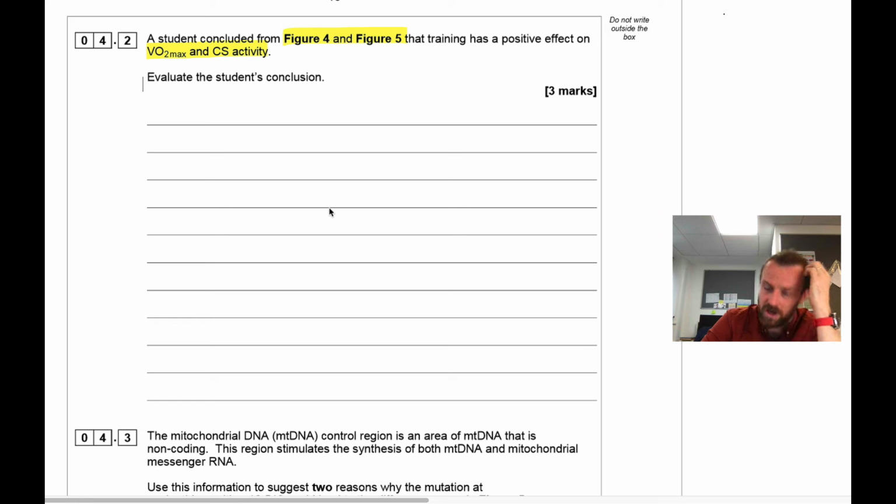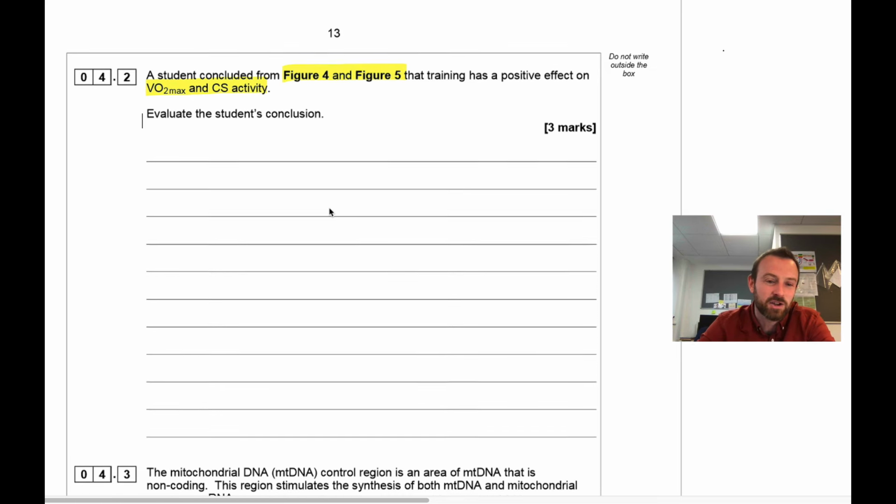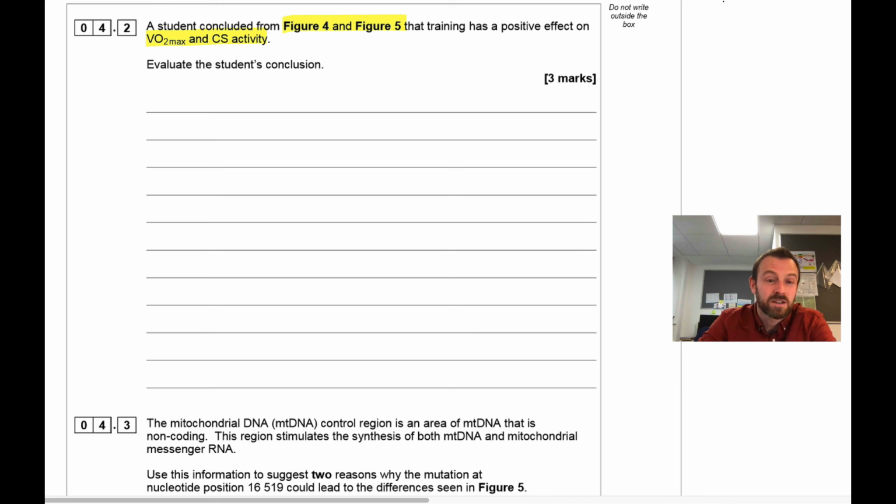Evaluate the student's conclusion. I reckon there's probably going to be maybe 2 marks for and one or 2 marks against. I'll probably say 2 things for and 2 things against, just to cover myself, just to make sure. So let's try and get a plus, a negative, and a negative.